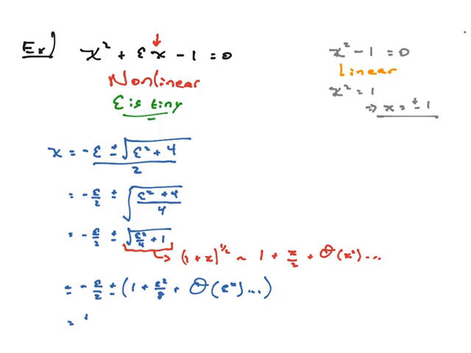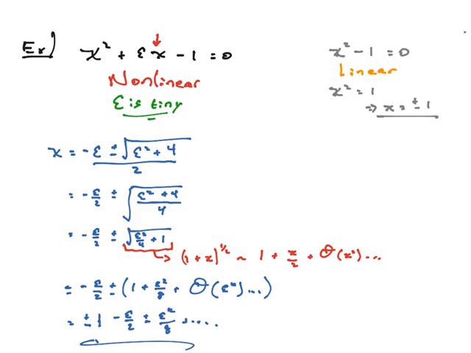This is plus or minus 1 minus epsilon over 2 plus or minus epsilon squared over 8, and other stuff. Okay? So that's the actual answer. And in fact, the actual full solution will be if I add up all infinite number of terms here. But again, I'm going to assume I don't have to be that accurate. I'm only going to keep a certain number of terms in my solution. And so this will be sufficient for now.